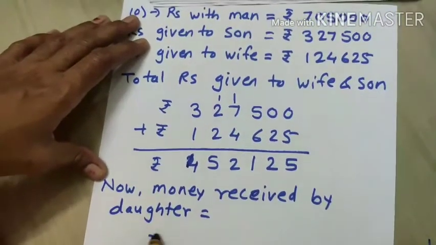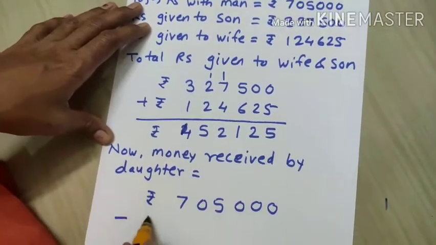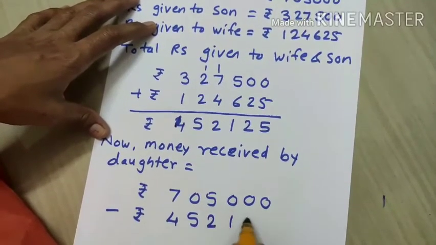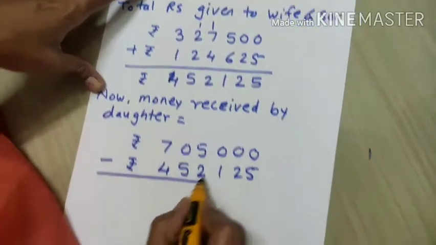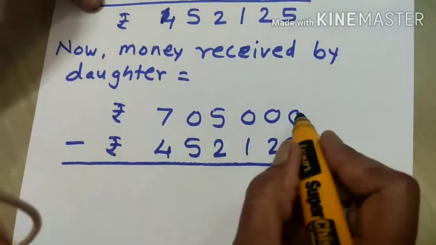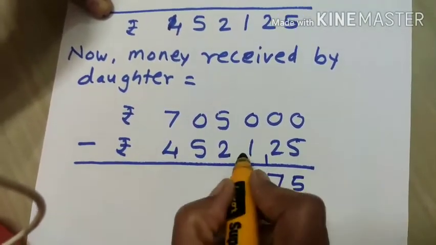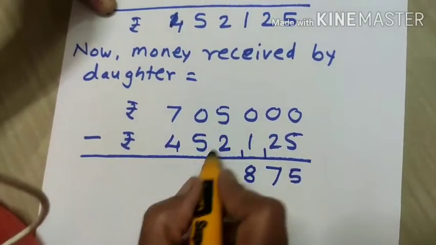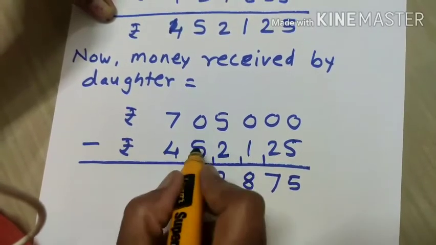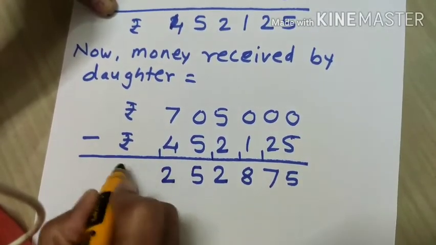So rupees 7,05,000 minus rupees 4,52,125. Do the subtraction. I am considering here now 10 minus 5, 5, carrying I am giving, 10 minus 3, 7, 10 minus 2, 8, again here one more carrying, 5 minus 3, 2, 0 minus 5 means 10 minus 5 is 5, and 7 minus 5 is 2.